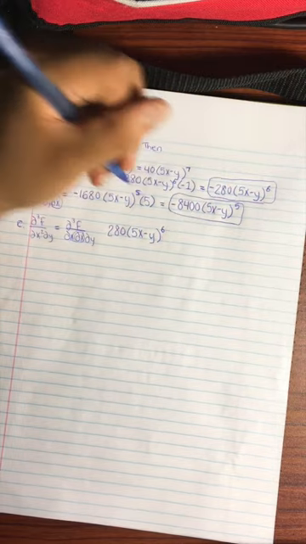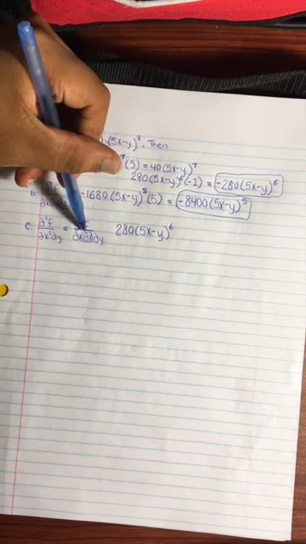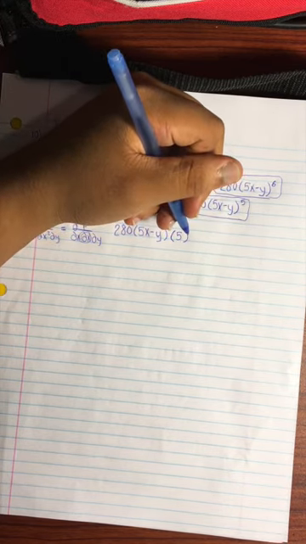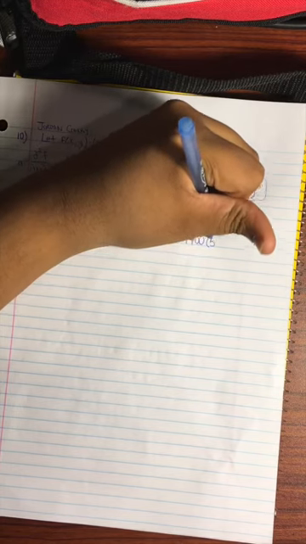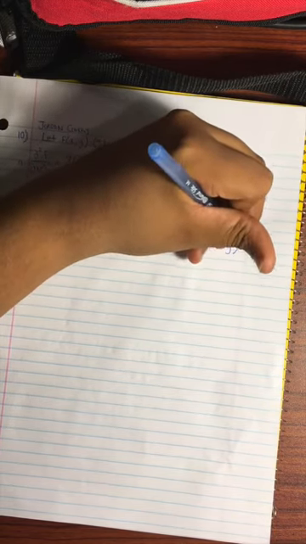But this time it's going to be times 5, since again it is the partial derivative in terms of x. And 280 times 5 is going to give us 1400. So that equals 1400 (5x minus y) to the 6th.